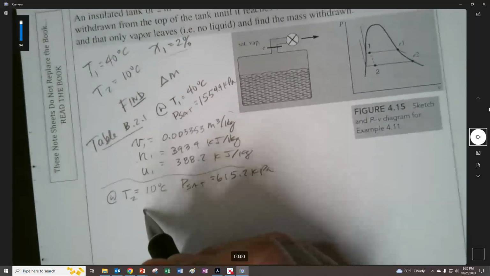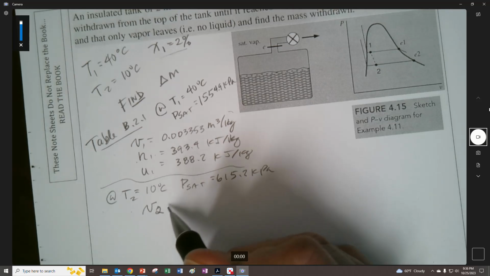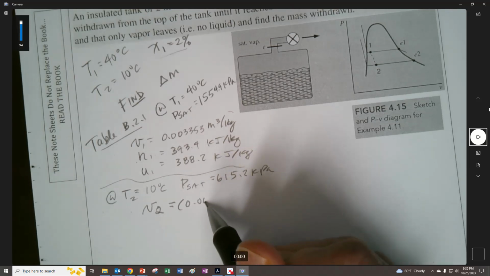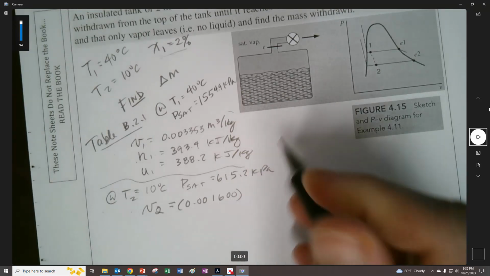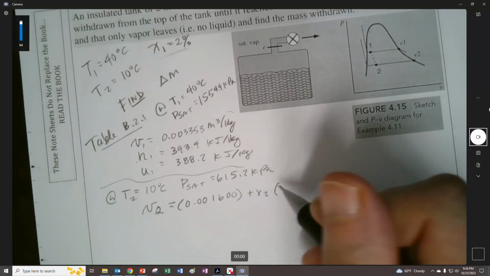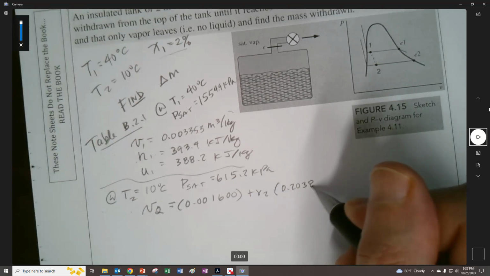You could write V2 is equal to VF, 0.001600, plus X2 times VFG, 0.20381.